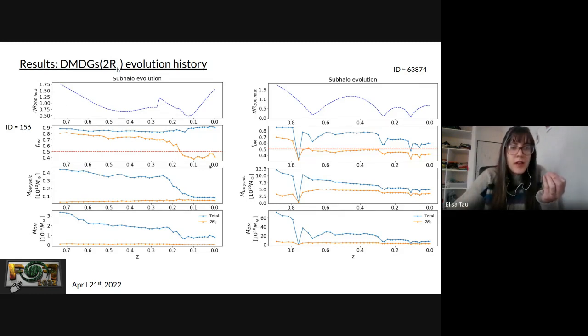In this other panel, you can see its dark matter fraction, in the third panel their baryonic mass, and in the last panel their dark matter mass through time. The first redshift that you see in each panel is the redshift at which the subhalo starts being a satellite.